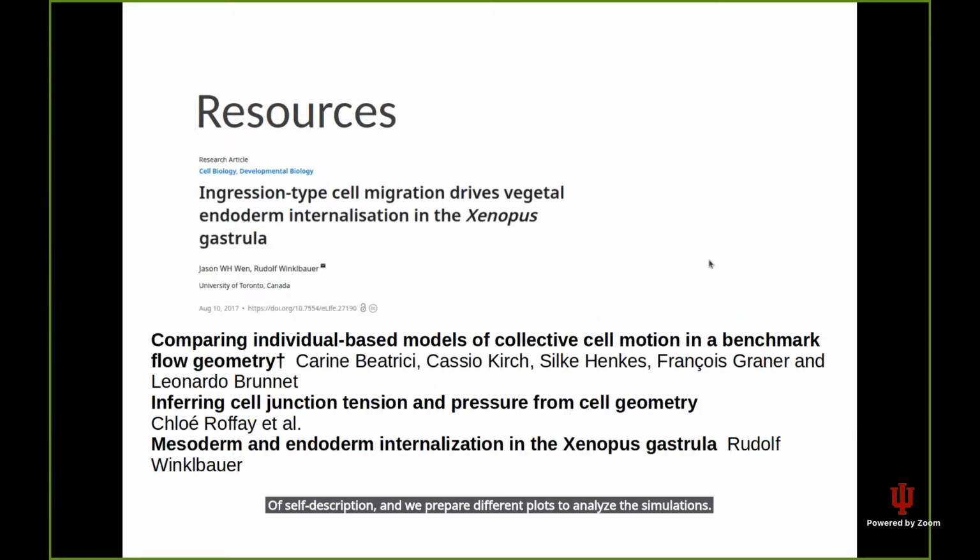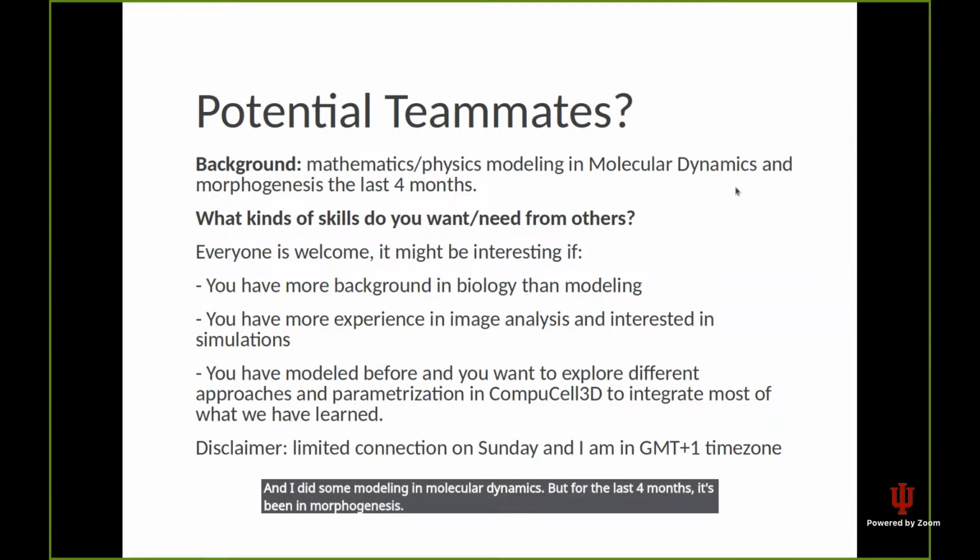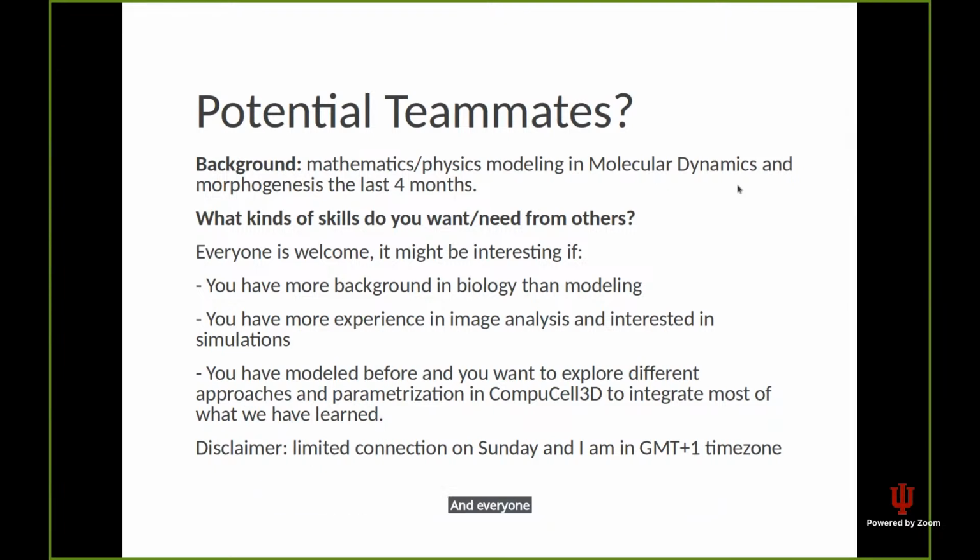This is the main paper, but there are some others that you can take a look at if you are more interested. My background is that I graduated in math and physics, and I did some modeling in molecular dynamics. But for the last 4 months, I've been in morphogenesis. Everyone is welcome.